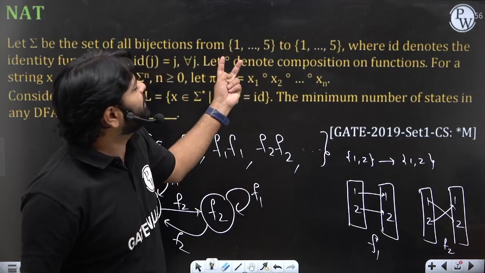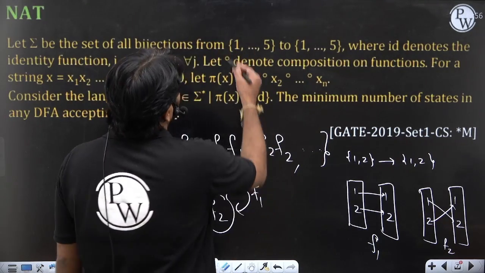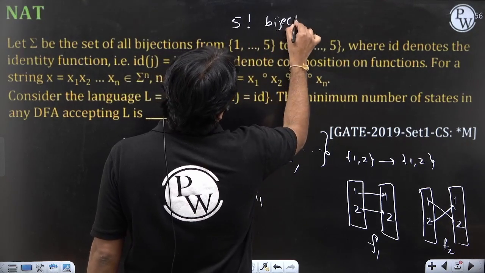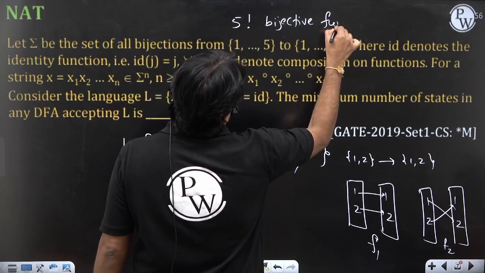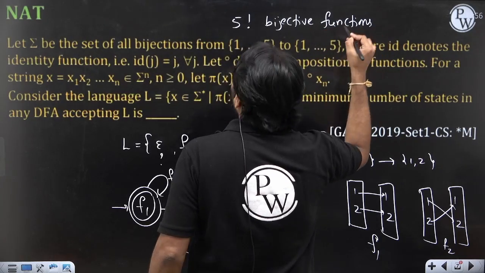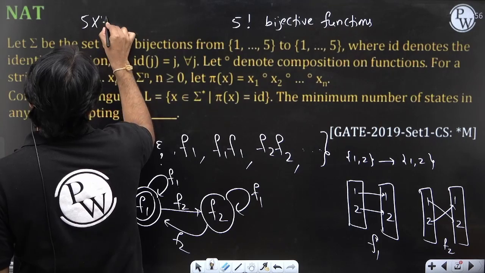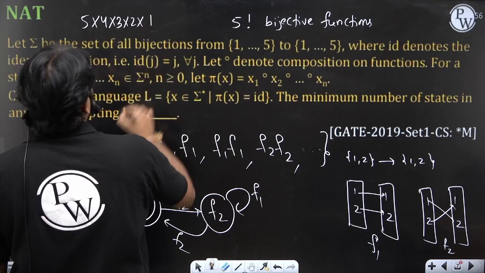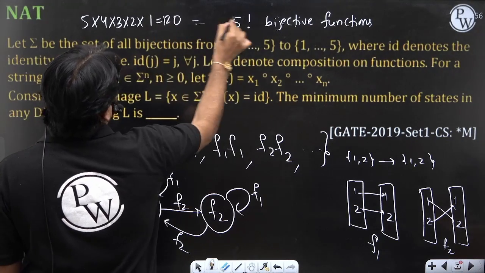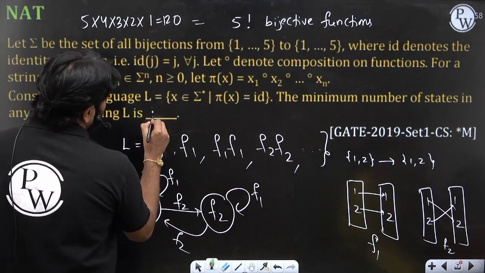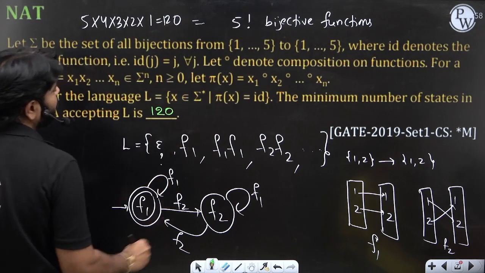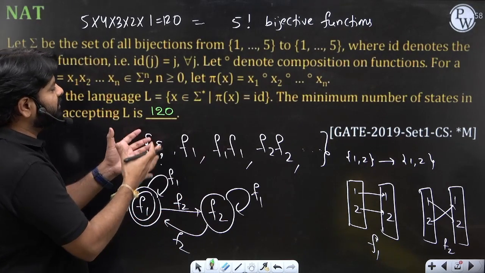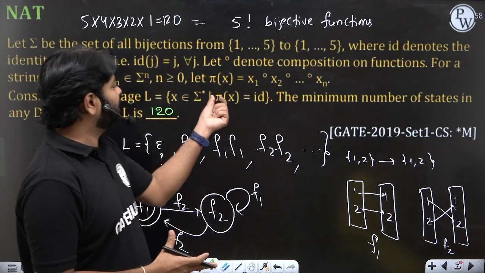If I have a 5 element set to a 5 element set, how many bijective functions are there? 5 factorial, which is 5 times 4 times 3 times 2 times 1, equal to 120 bijective functions. So 120 states are required to accept the language, which is the set of strings that, when you map them, give you id.